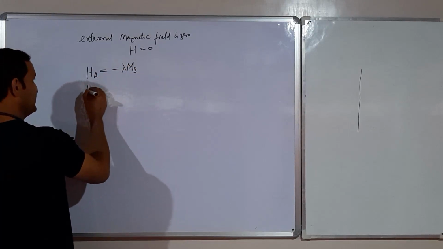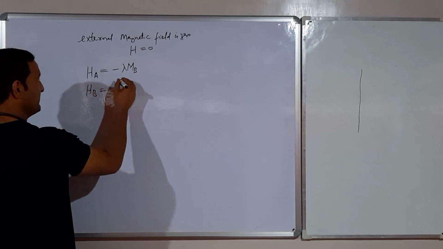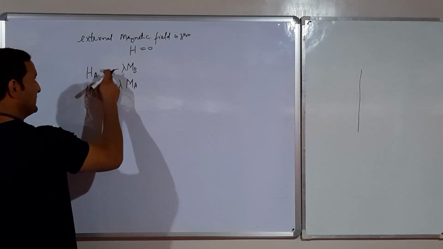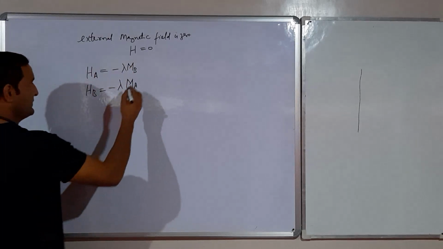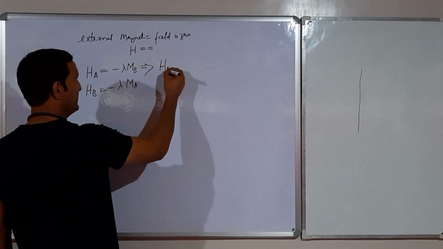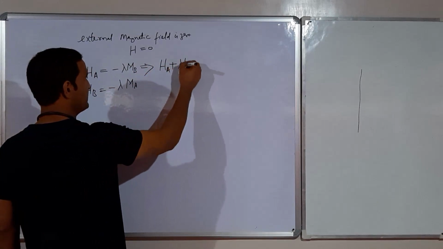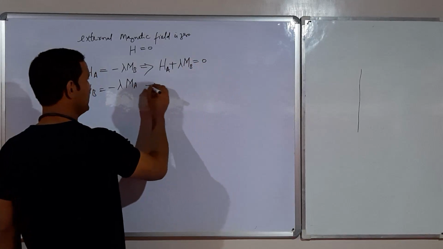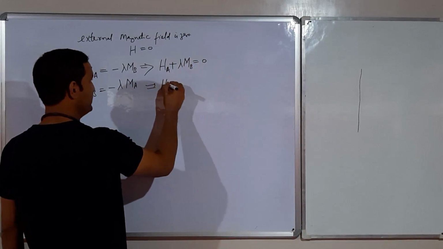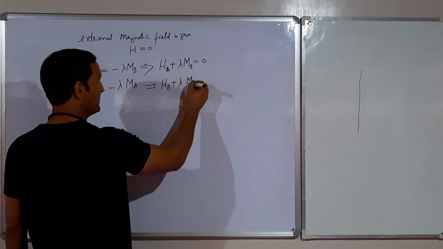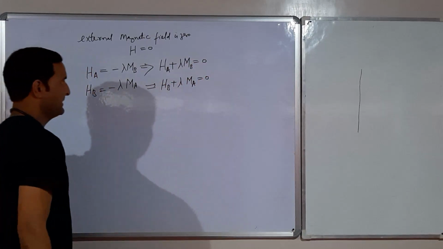Similarly, HB will be equal to minus lambda times MA. H will be 0. So we can write HA plus lambda times MB will be equal to 0. Similarly, here HB plus lambda times MA will be equal to 0.